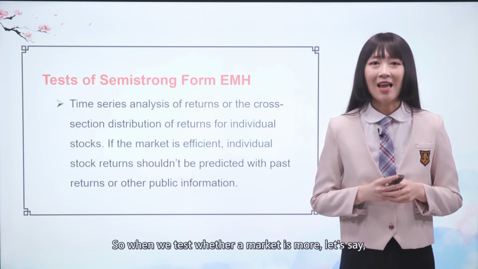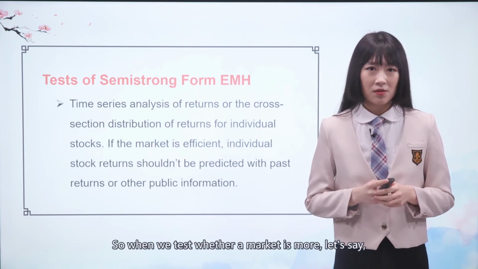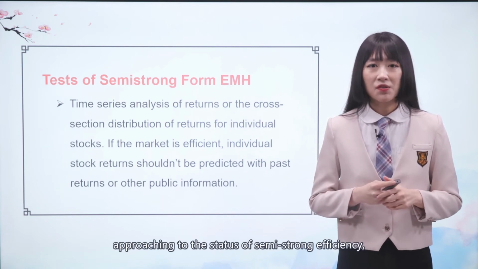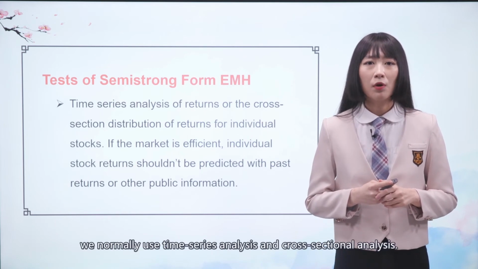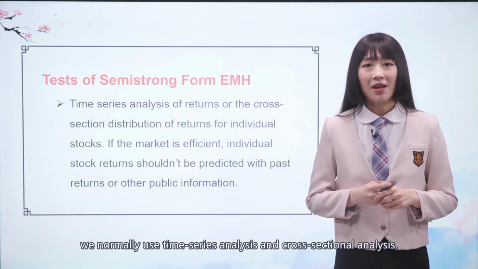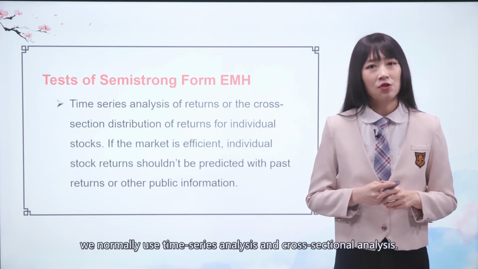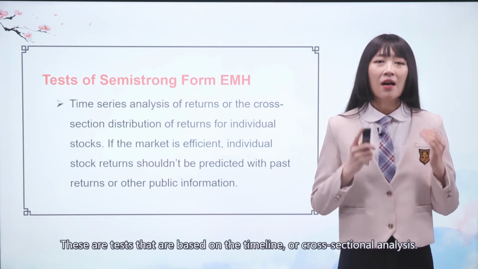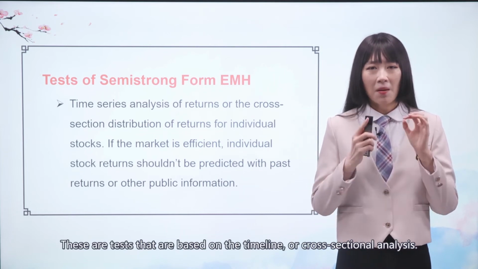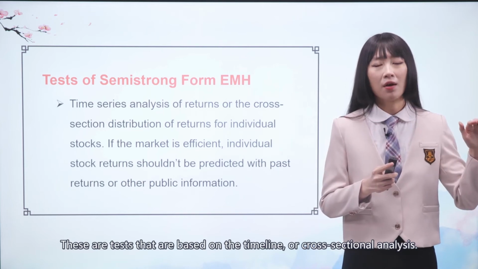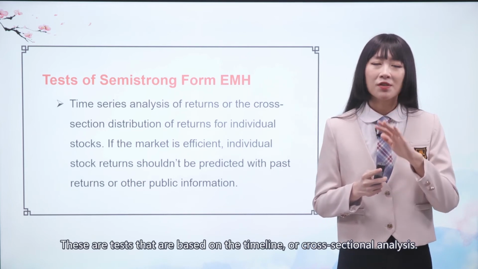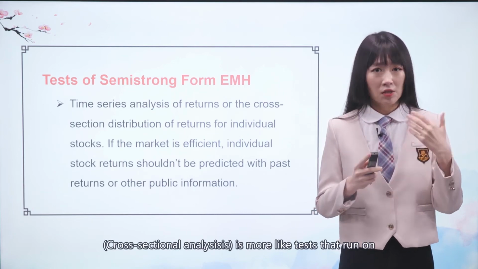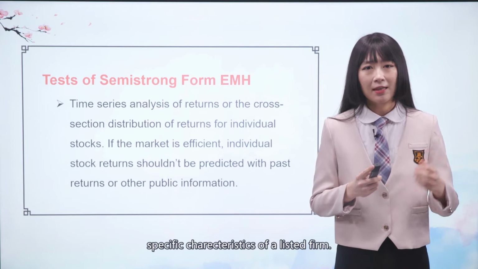So, when we test whether a market is approaching the status of semi-strong efficiency, we normally use time series analysis and cross-sectional analysis. These are tests based on the timeline, while cross-sectional analysis is more like a test that runs on the specific characteristics of a listed firm.